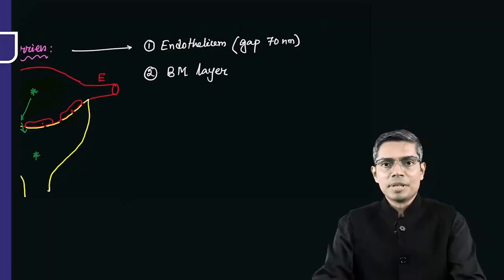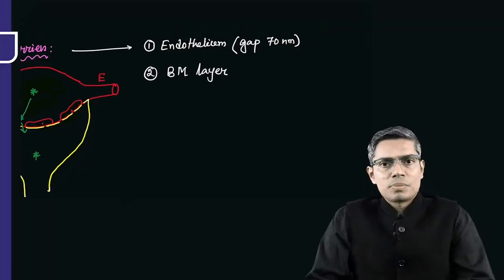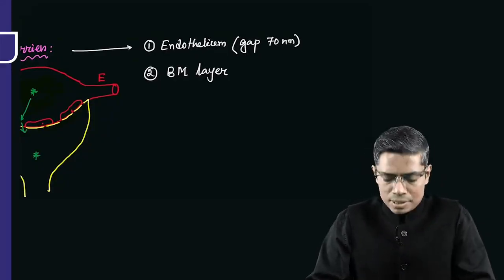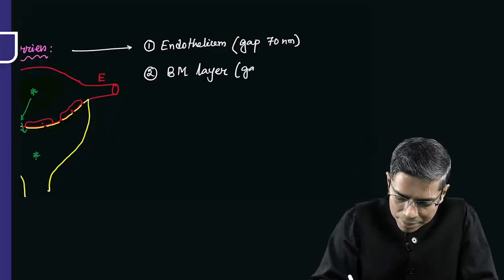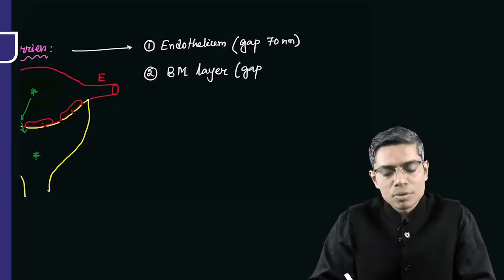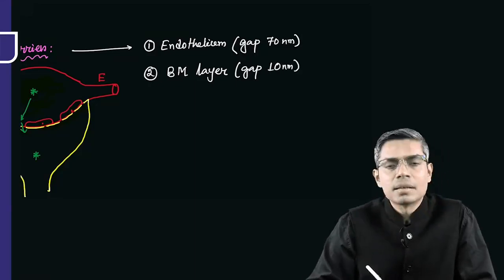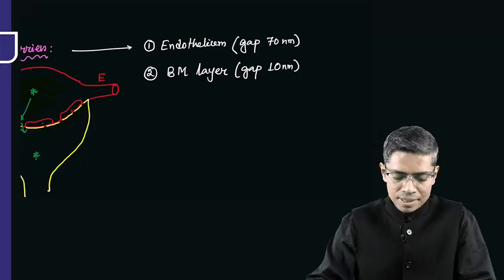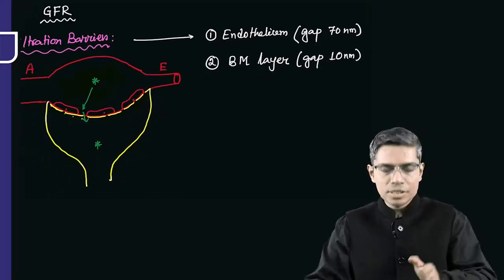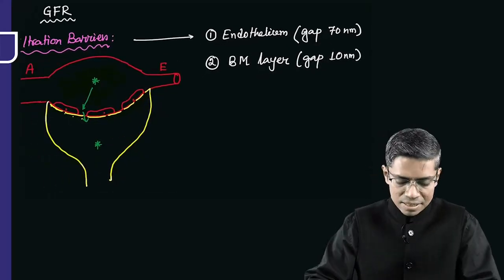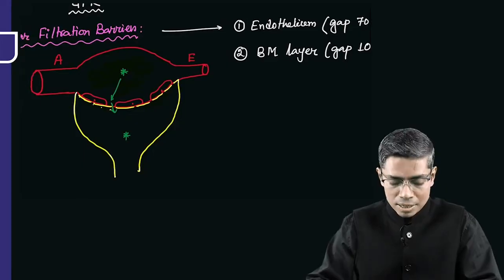So this basement membrane is mainly composed of type 4 collagen, and that is not continuous. There will be a little gap in between this basement membrane layer also, and the gap is in and around 10 nanometer, right?